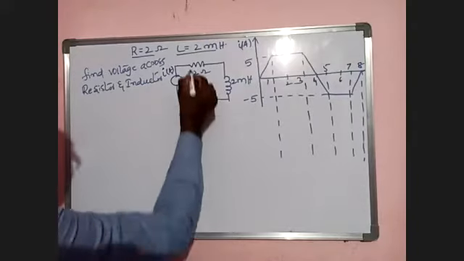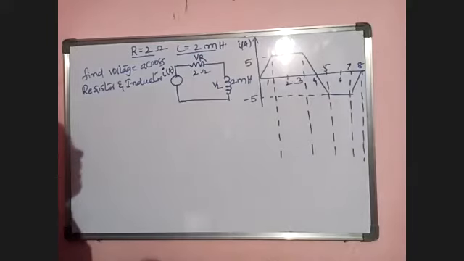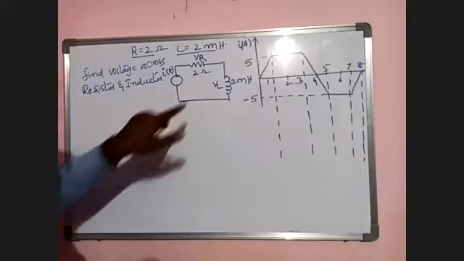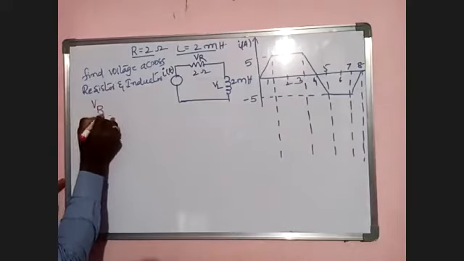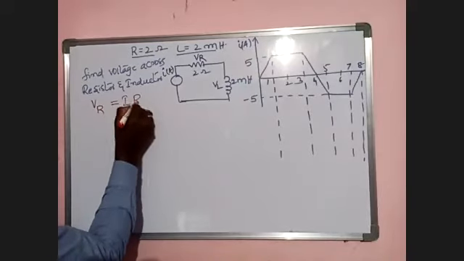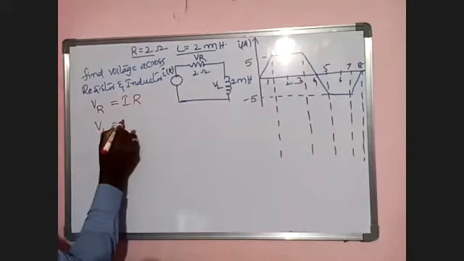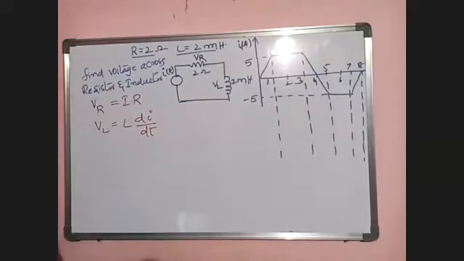and we need to find VR and VL. So what is the relation between V and I in a resistor? In a resistor, the voltage across resistor VR is equal to I into R. And VL is equal to L into dI by dt.